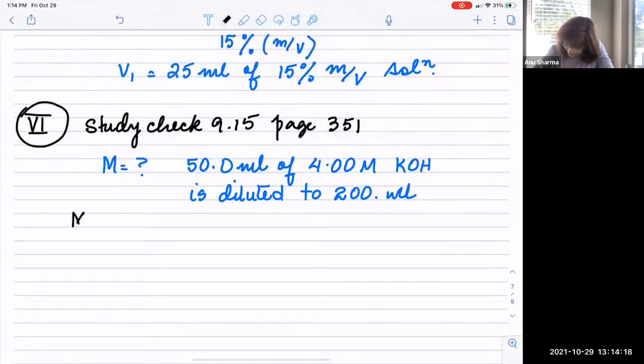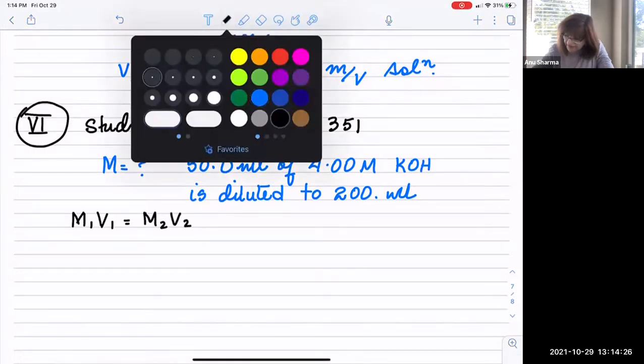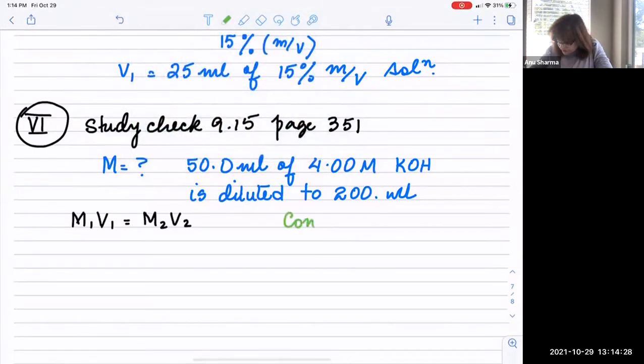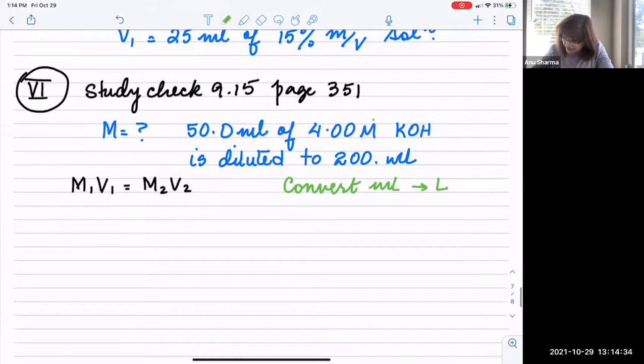Here we are going to use M1 V1 is equal to M2 V2. Ideally, you should convert milliliters to liters because molarity uses liters.